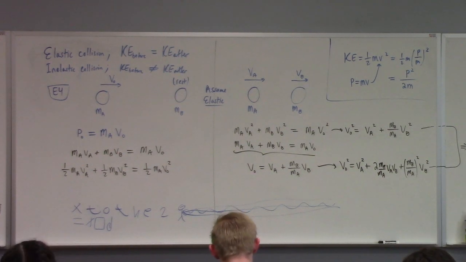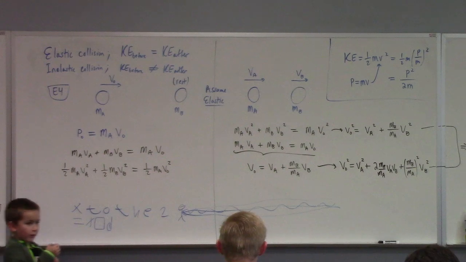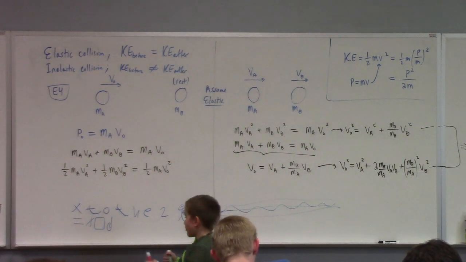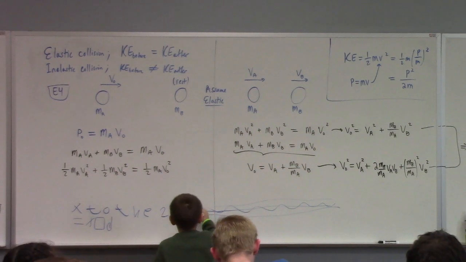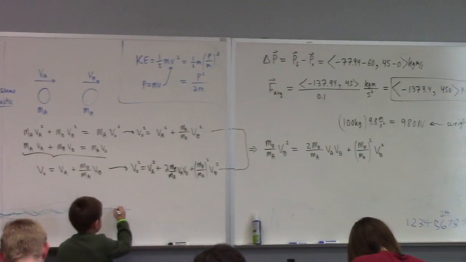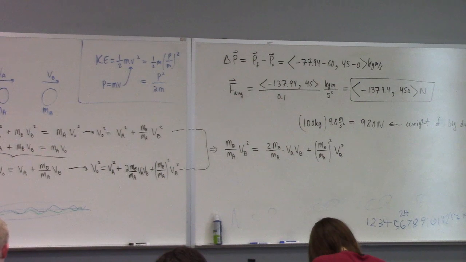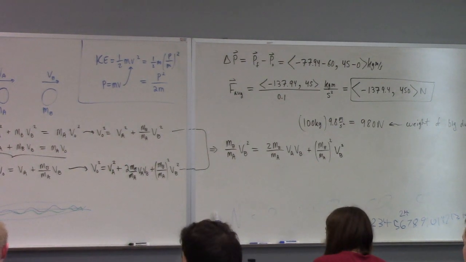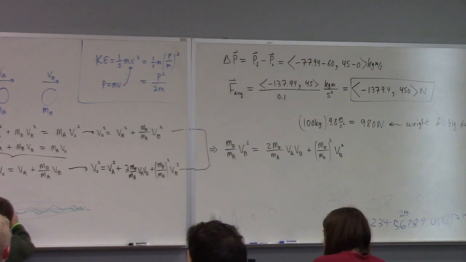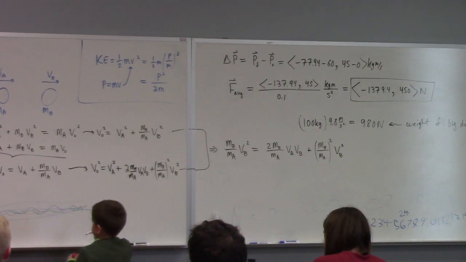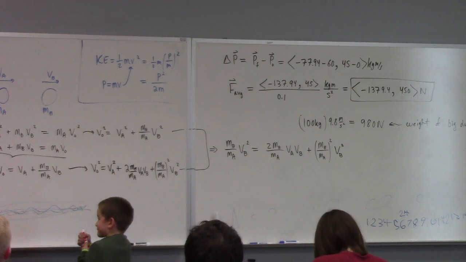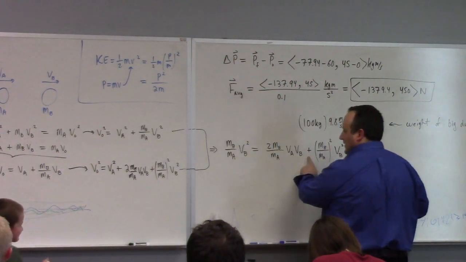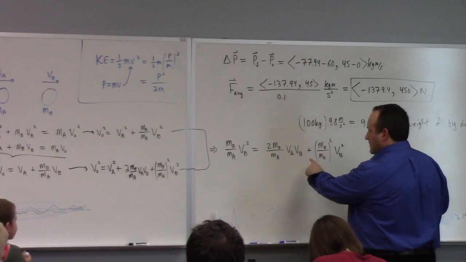Should there be a plus between the VB squared and the MB over MA squared? Maybe. Unfortunately, I can't read it from back here. Are you talking about the rightmost board? Did I miss a plus? I've got a plus there.